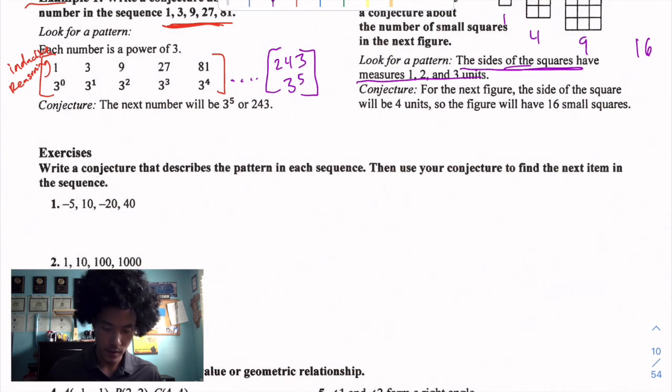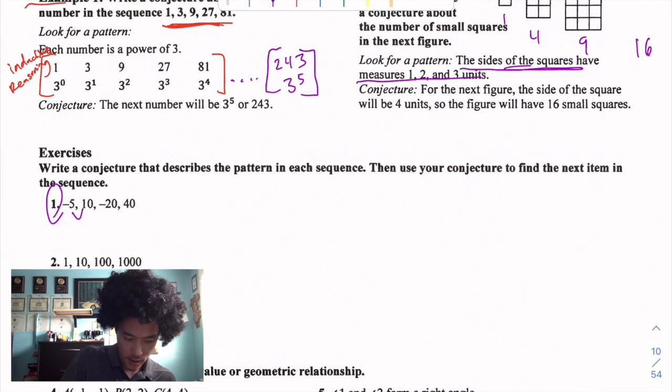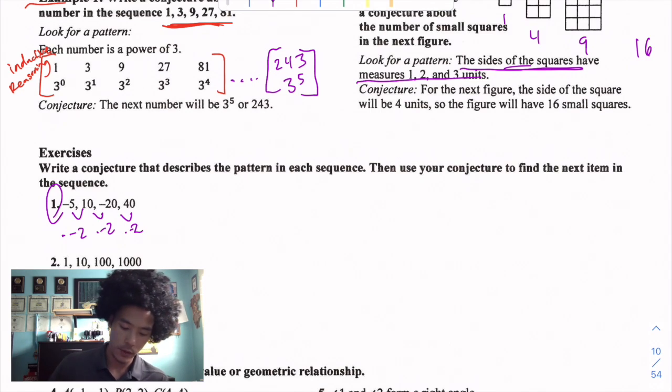Okay, easy stuff. Should I have you guys pause here? We'll just do this real quick. Do number 1. Get the pattern. I think we should know this, not too bad. I believe you're timesing it by -2. Right, your goal is to write a conjecture that describes the pattern.